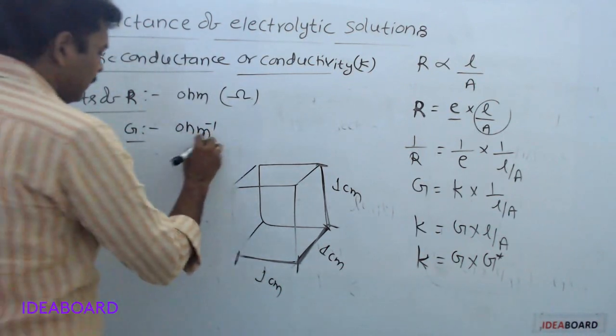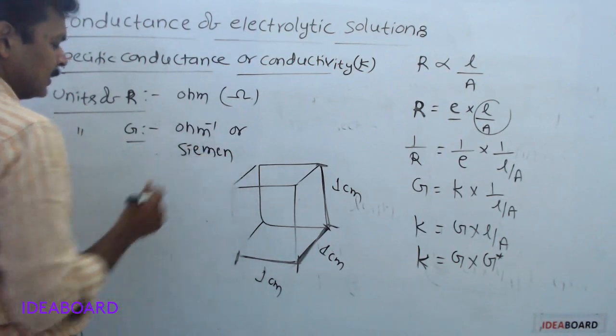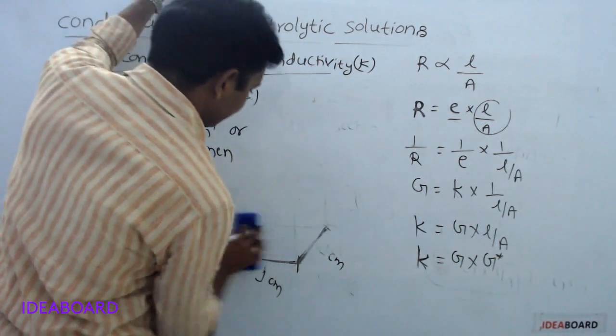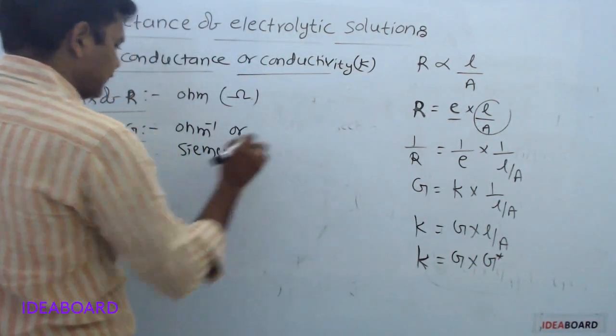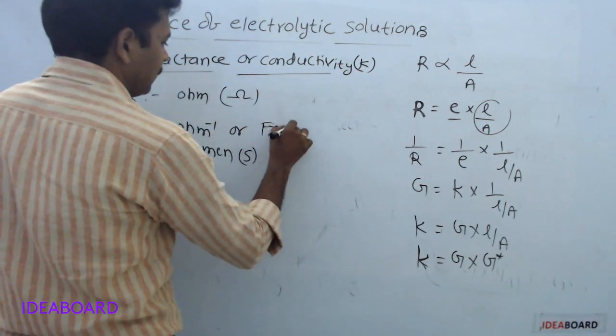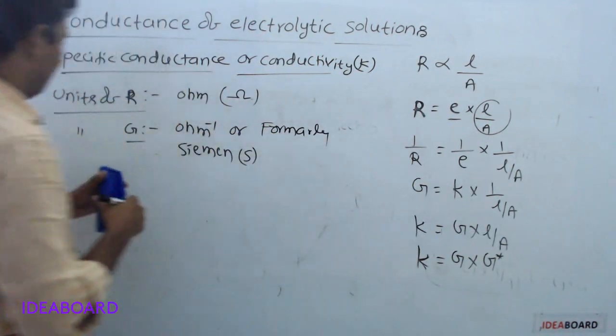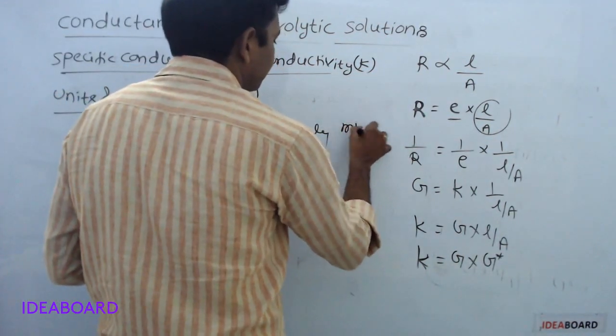Ohm inverse, or Siemens in SI units, denoted by S. Formerly, units of G were mho.